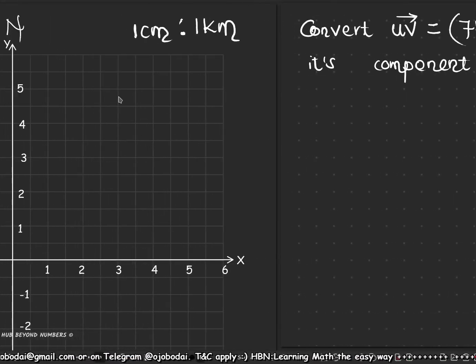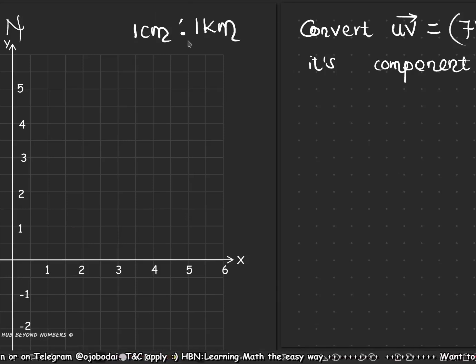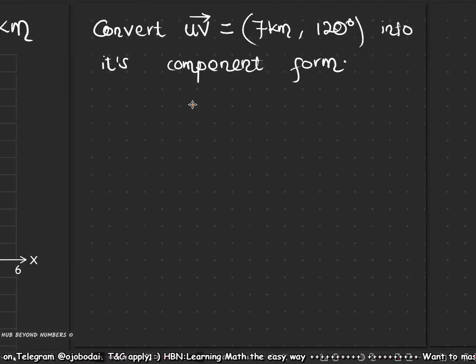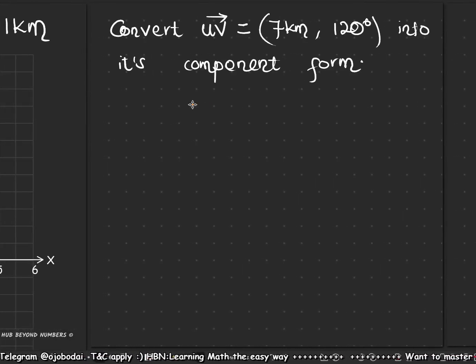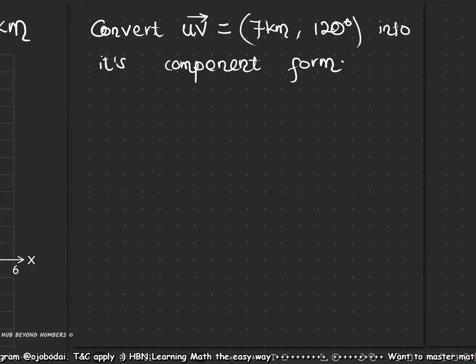First, get your scale. Over here, I've written 1 centimeter is a kilometer. With this scale, I'm going to get my component form. First of all, we need to measure our 120 degrees from the north.